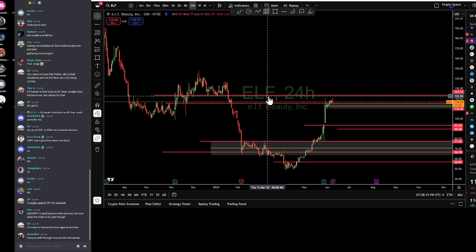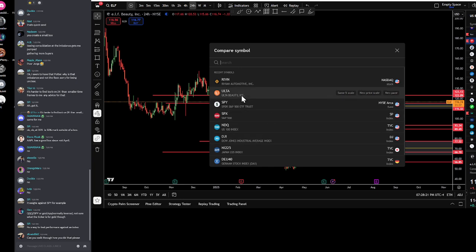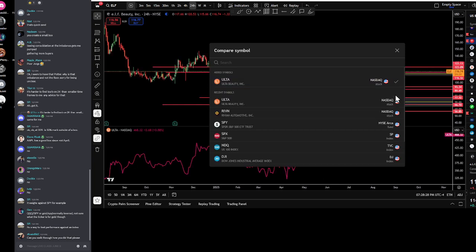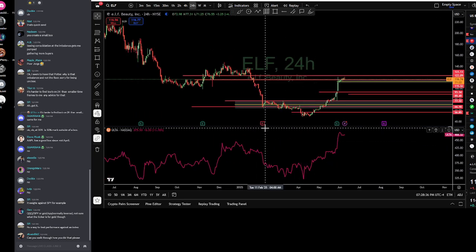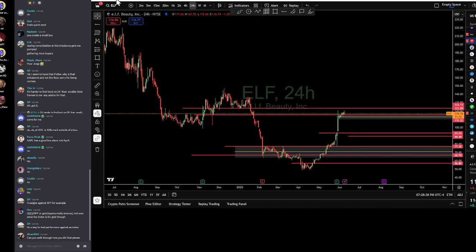Can I walk through how I did that? Did what? The overlay. You just click the plus sign over here, and then you just type in the symbol that you want to overlay. And then I think, yeah, you can do it this way. Everything's changed since the last time I've done it. You can do it this way, where it's two separate panes, right?